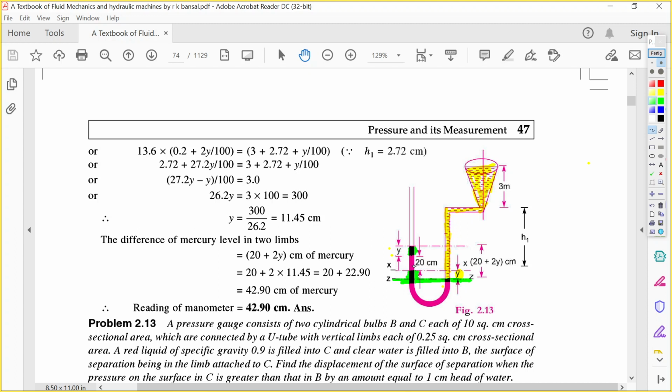In the left limb, we need to calculate the pressure due to 2y centimeter height plus the pressure due to 20 centimeter height.